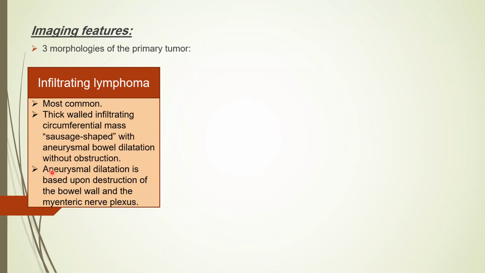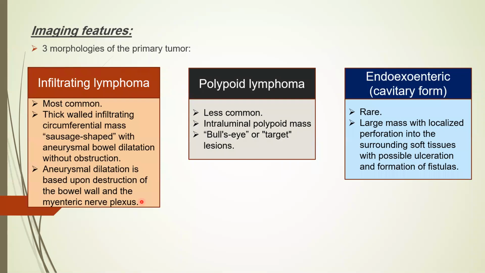The aneurysmal dilatation occurs due to destruction of the bowel wall and myenteric nerve plexus. The other two presentations are rare.